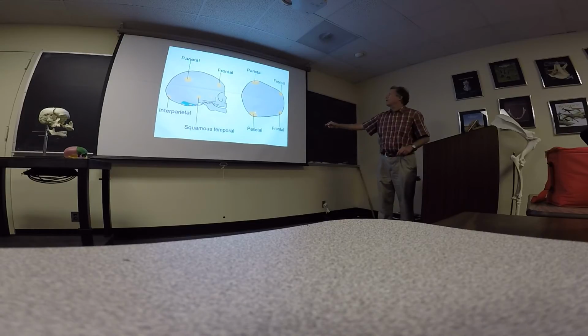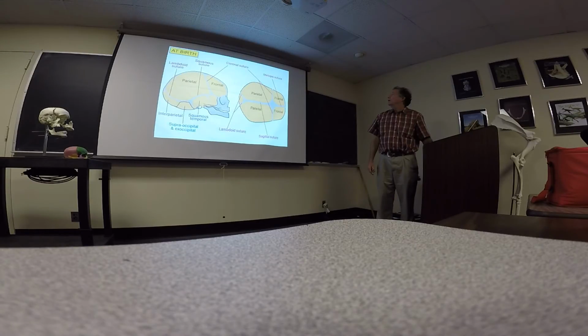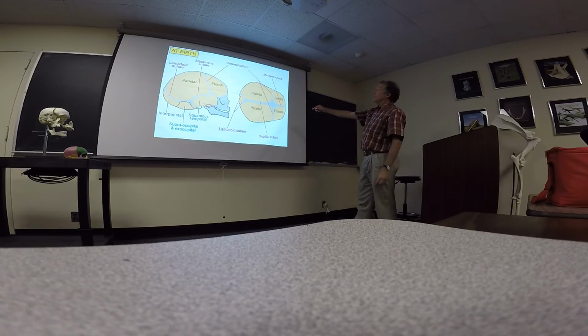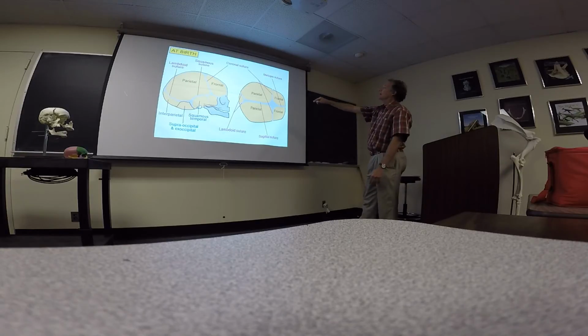You start off with a little bit of bone that basically spreads, and they grow, and they grow. And by the time you're born, you have real bones surrounding most of your brain case, but these sutures have not formed.